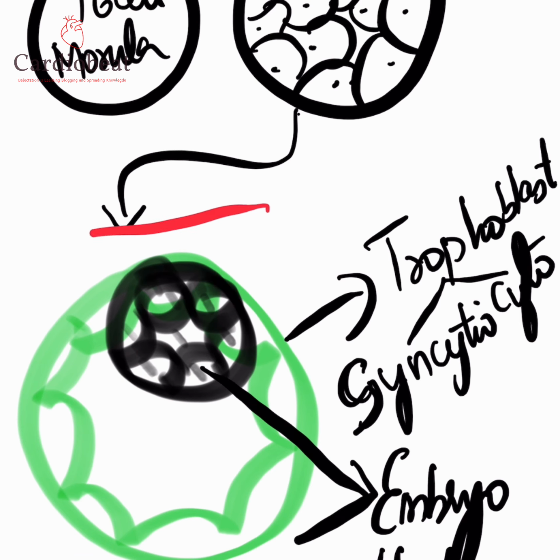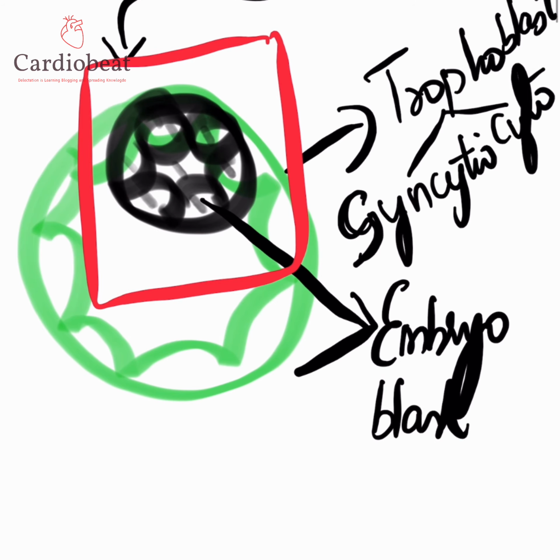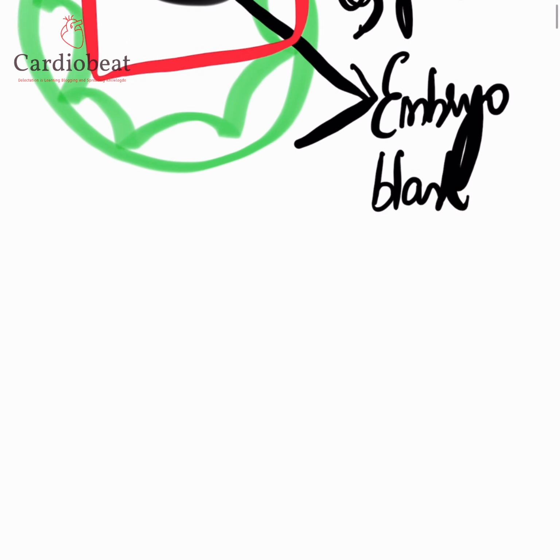Our focus of study is on the inner cell mass, otherwise called embryoblast. Now, we will quickly move on to the changes that happen during the second week of intrauterine life.